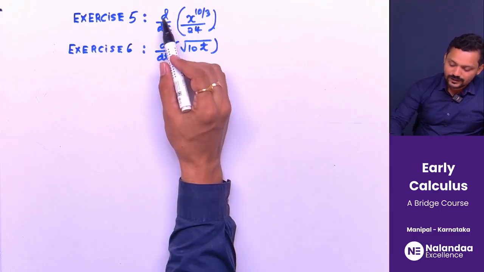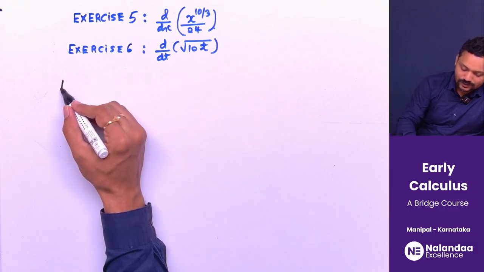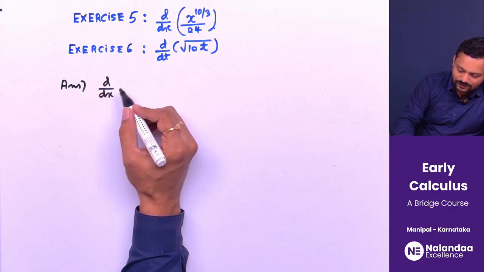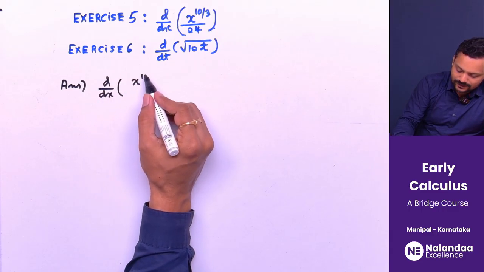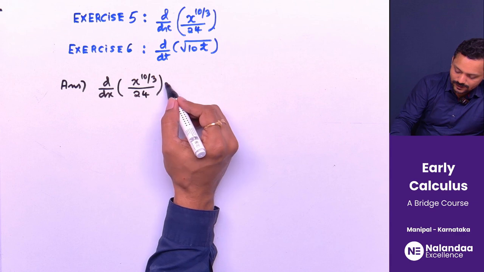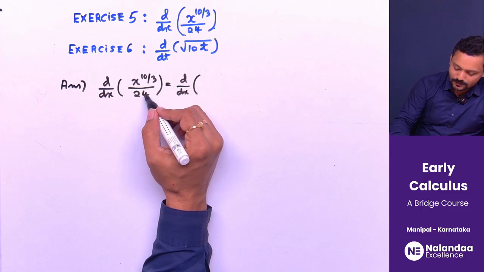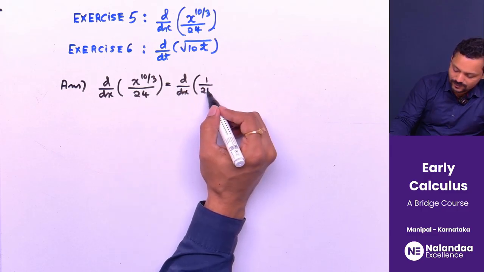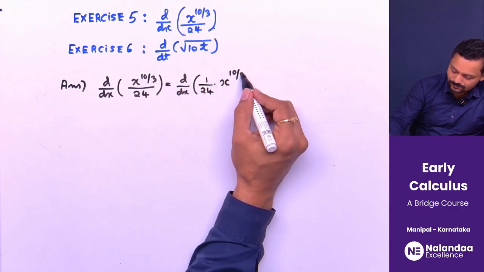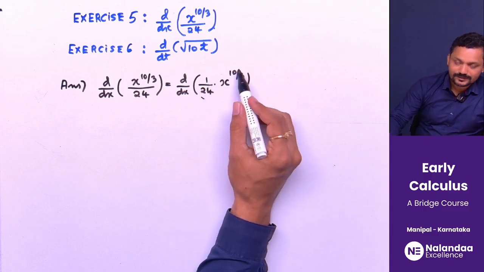Exercise 5, d by dx of x power 10 by 3 divided by 24. So let us go to answer this question. d by dx of x power 10 by 3 divided by 24 can be written as d by dx of 1 by 24 into x power 10 by 3, and this is a x power b.